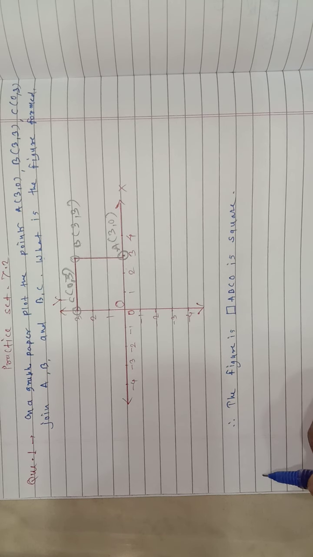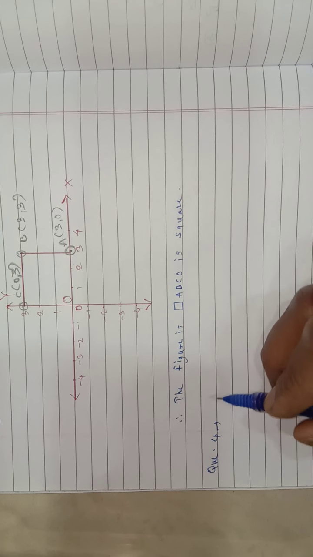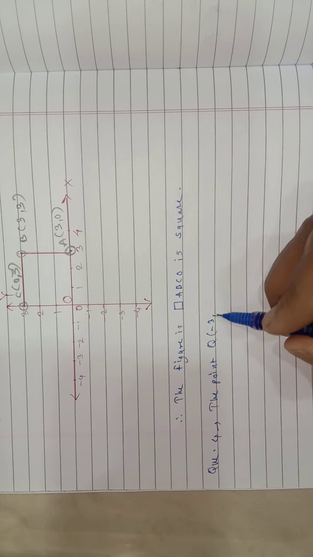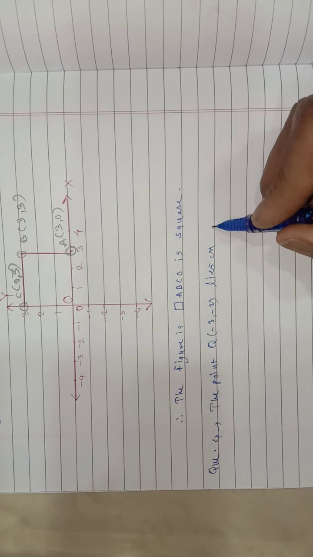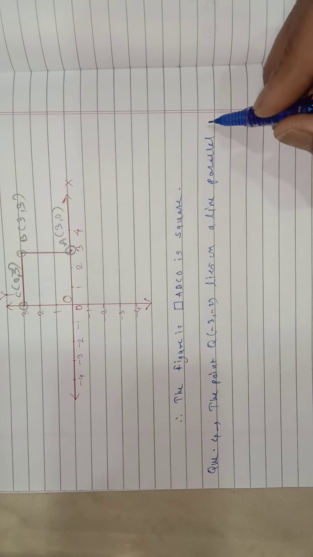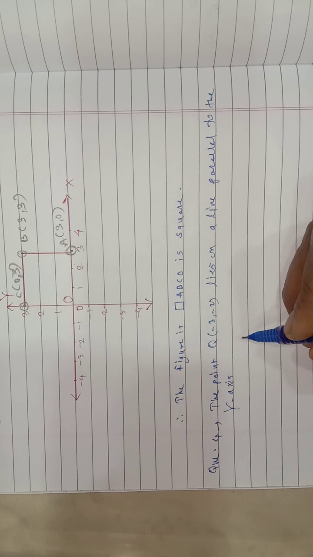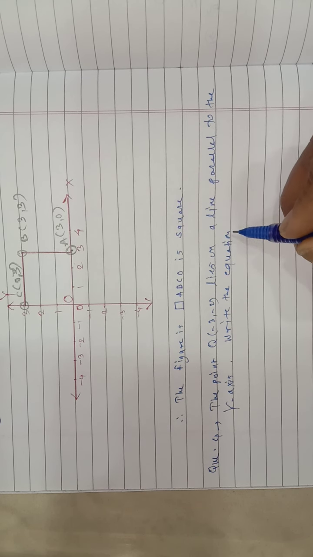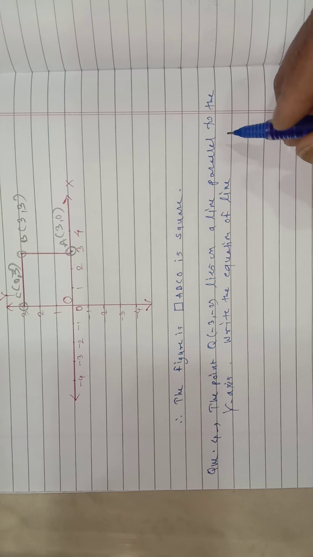If we write question 4: the point Q(-3, -2) lies on a line parallel to the y-axis; write the equation of the line and draw its graph.